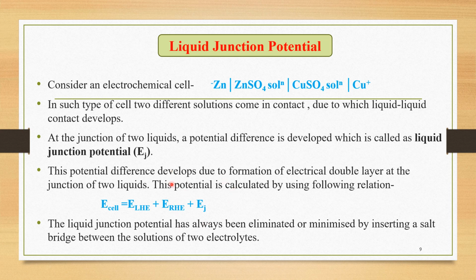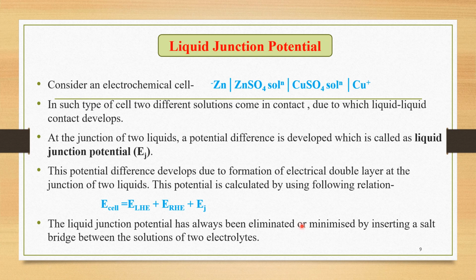In that situation, we have to use a salt bridge in the construction of the cell, and due to the use of the salt bridge, the direct contact between these two salt solutions is restricted, and that's why the liquid junction potential either gets minimized or can be removed. So this is an important point: liquid junction potential, its meaning, its development, its calculation, and how to minimize it.